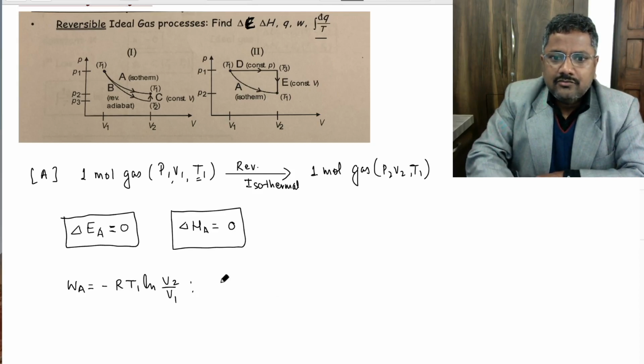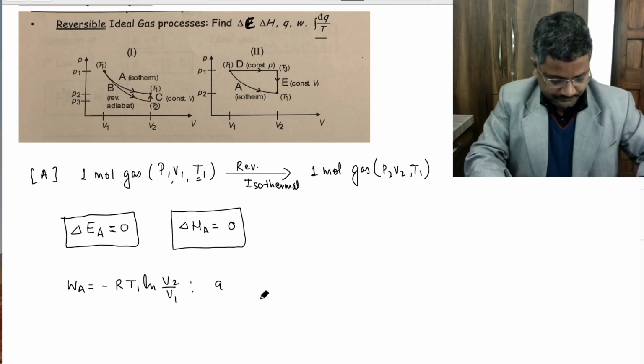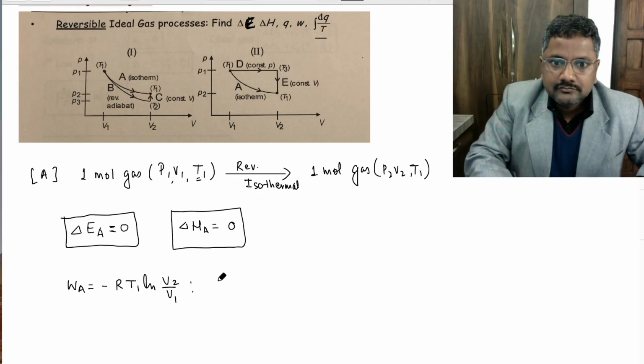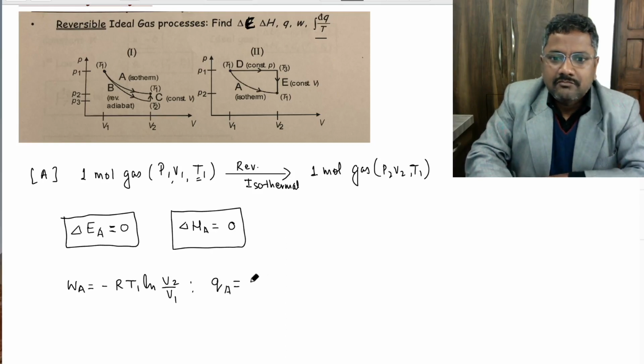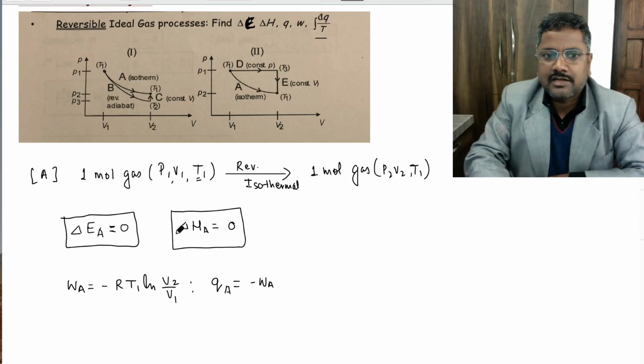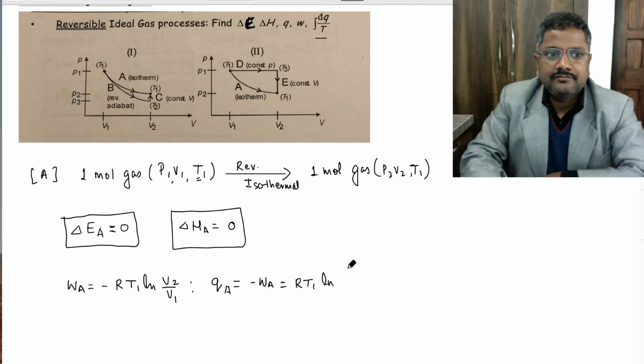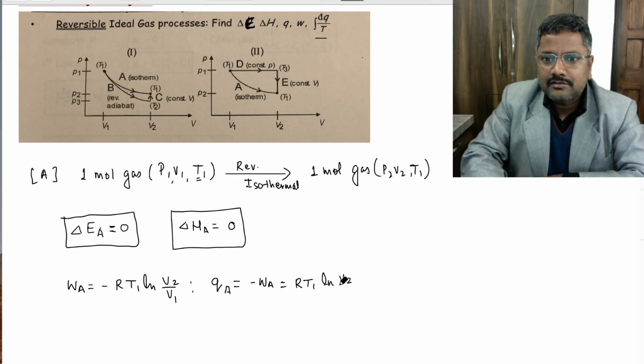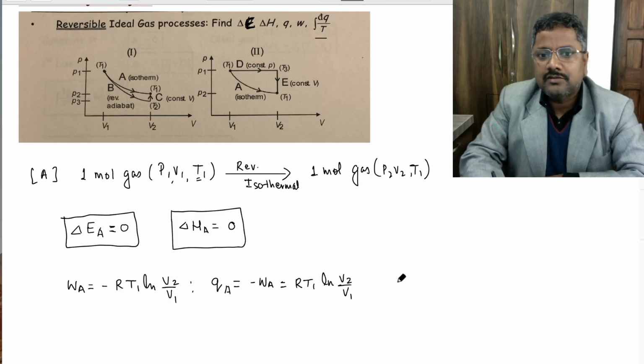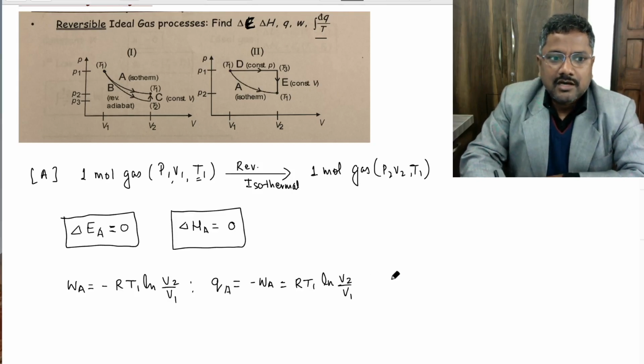And QA is equal to minus WA as per the thermodynamics first law when delta E is equal to 0. So this is equal to RT1 ln V2 by V1.